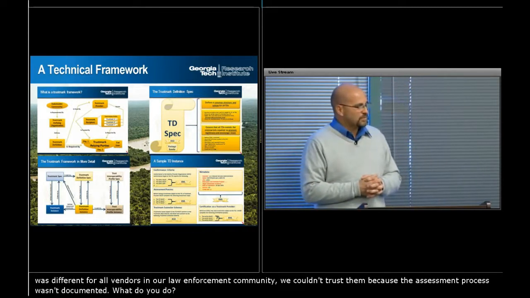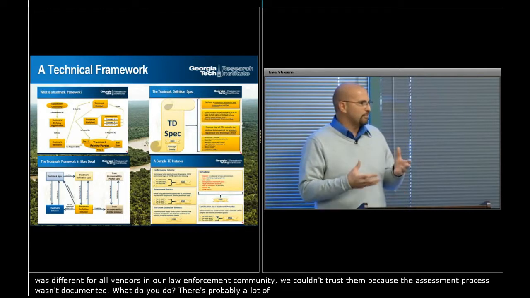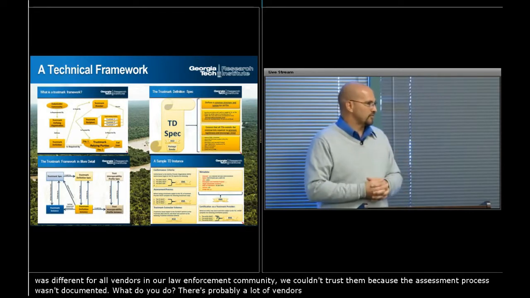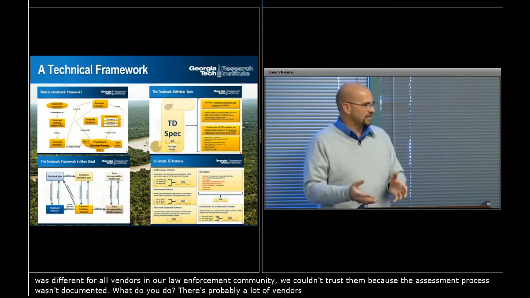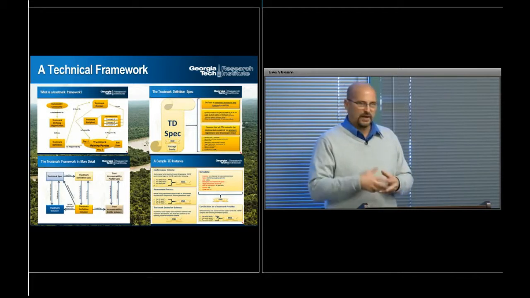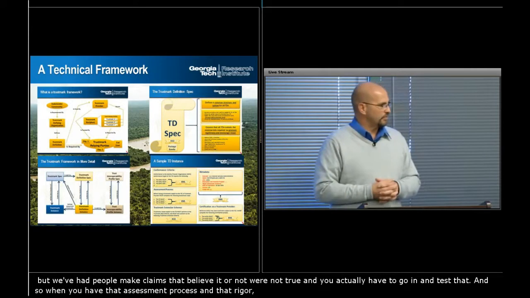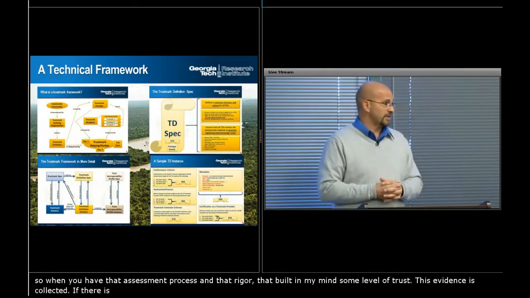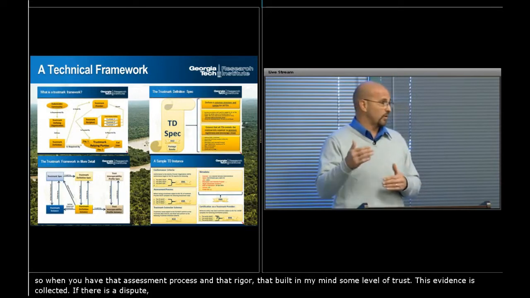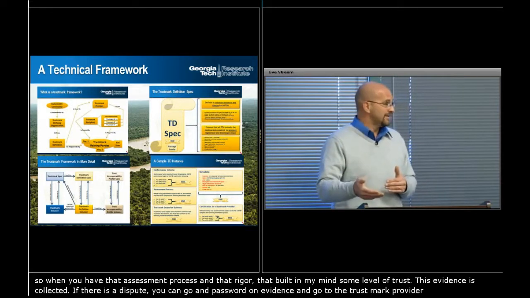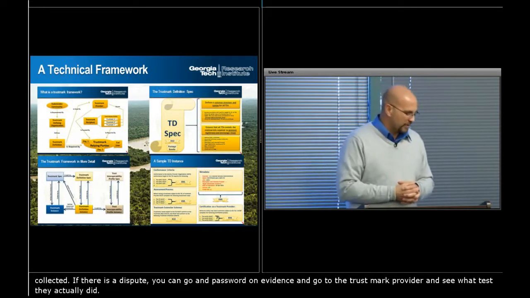So when you have that assessment process and that rigor, that builds, in my mind, some level of trust. There's evidence that's collected. If there's a dispute, I can go and ask for that evidence, and I can go back to the trustmark provider and see what tests they actually did. Does that mean it's going to work? It doesn't guarantee perfect interoperability, but it does guarantee they went through a well-defined process and collected evidence. Okay, so hopefully that helps.